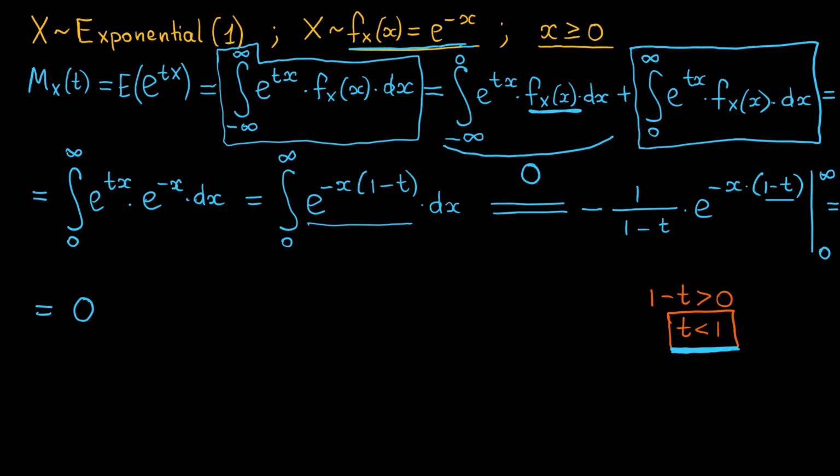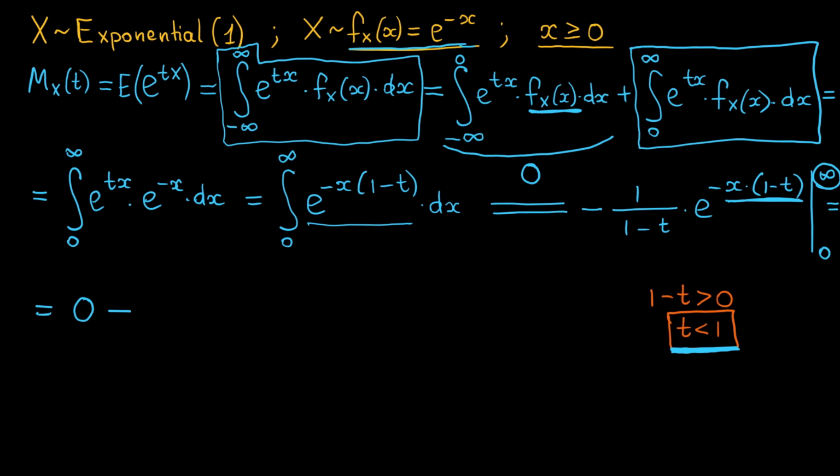So we have a 0 for the first part as we let x go to positive infinity. And then when we let x go to 0, in the exponent here, we're going to end up with 0.